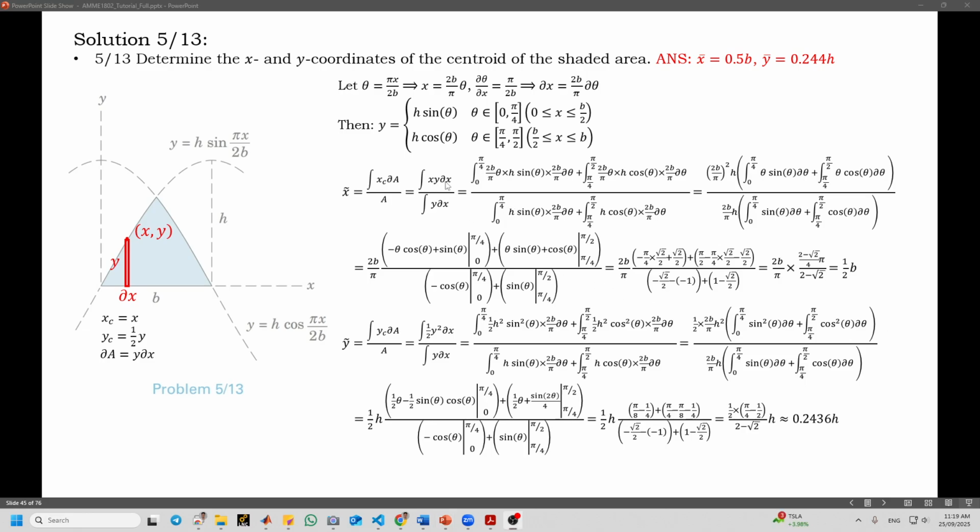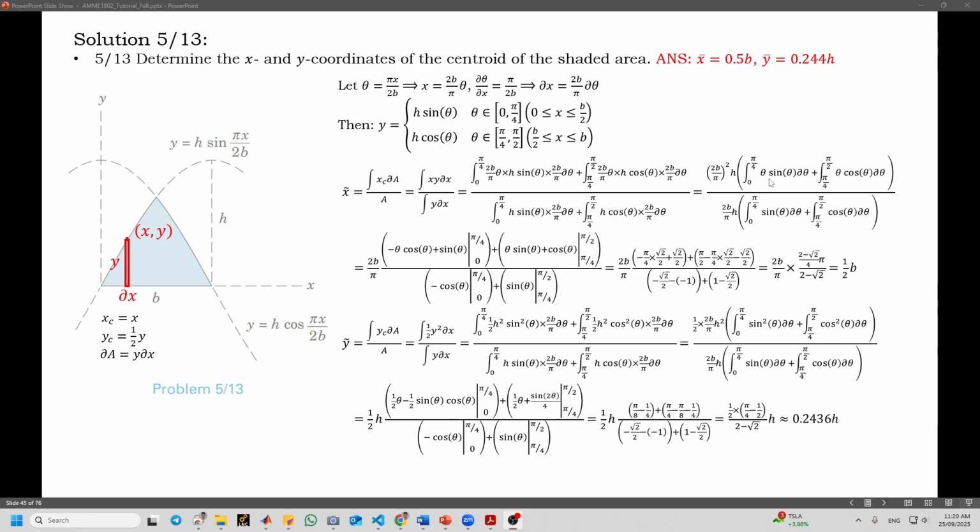Now instead of dx, I will find the differentiate of this part. Dx is equal to 2b over pi d theta. So instead of dx, I use this formula, 2b over pi d theta. And I find the integration.